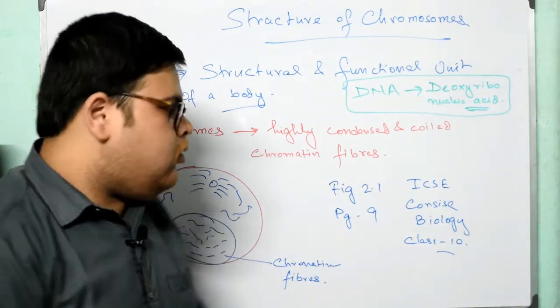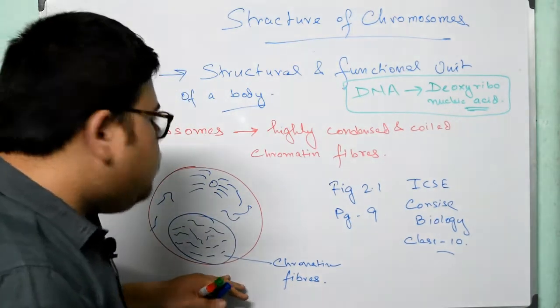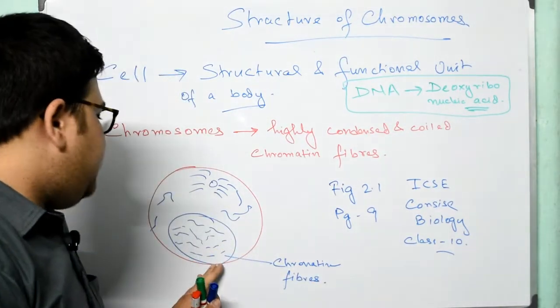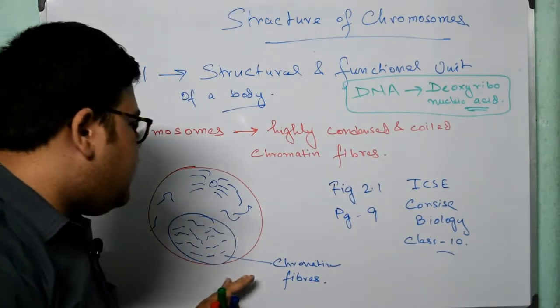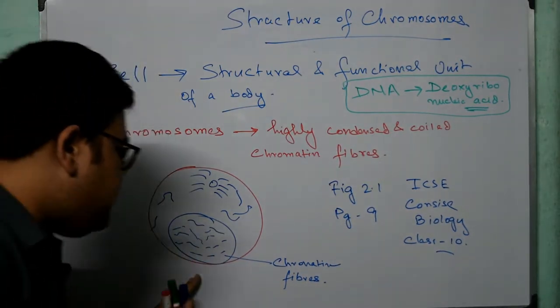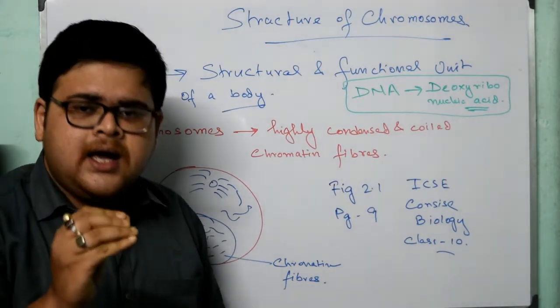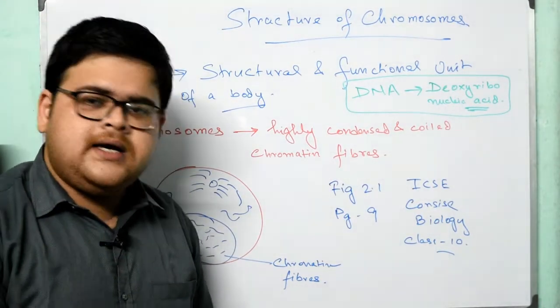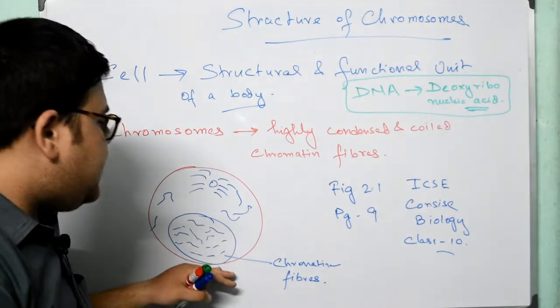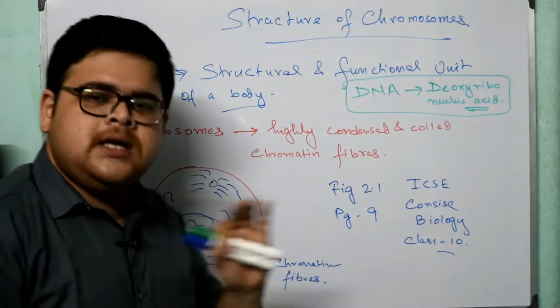Okay, now what happens during cell division: when we observe these chromatin fibers under a microscope, we find that they become thick and condensed. When dyed with color, they are found to be very condensed and thick inside the particular cell's nucleus.